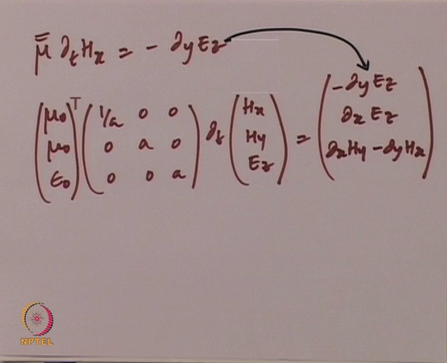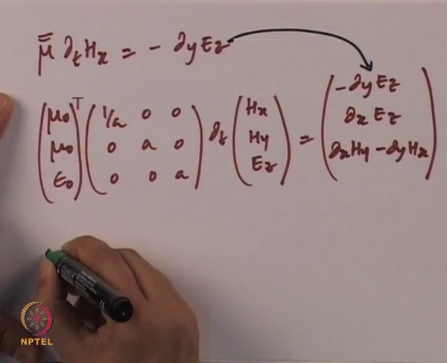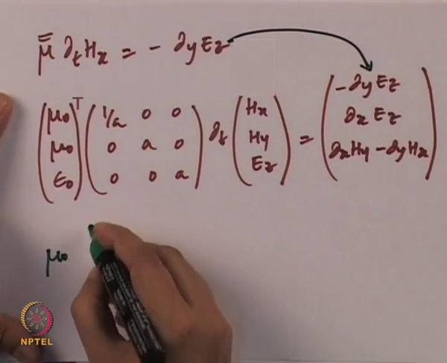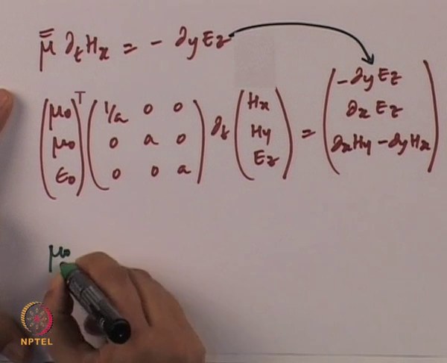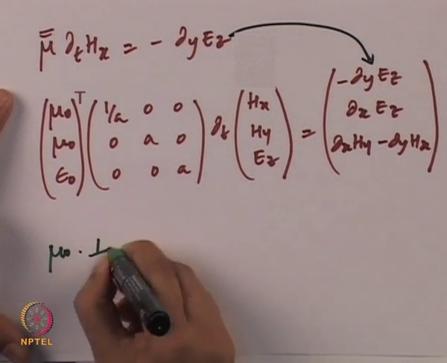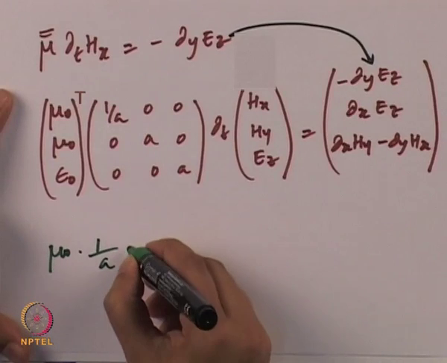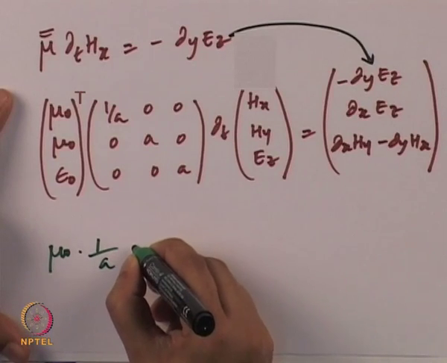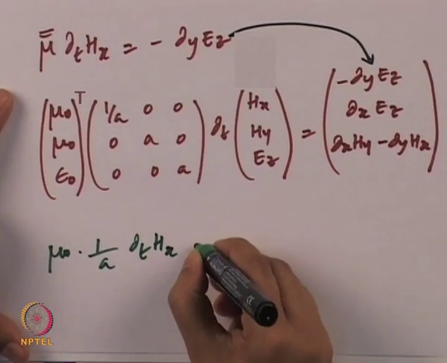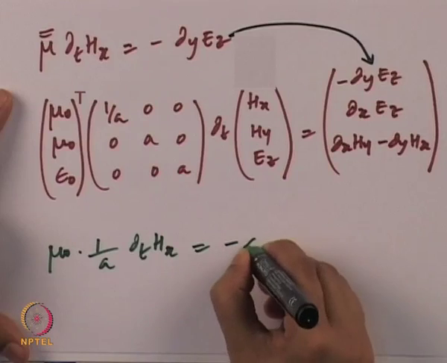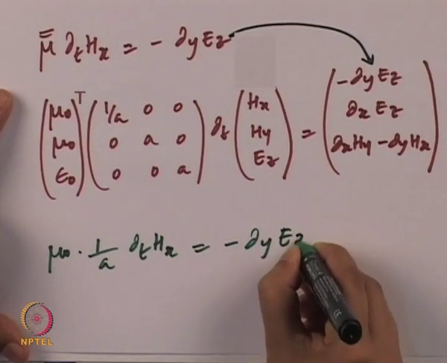So what we get is mu naught multiplied by 1 by a dt Hx equal to minus dy Ez.